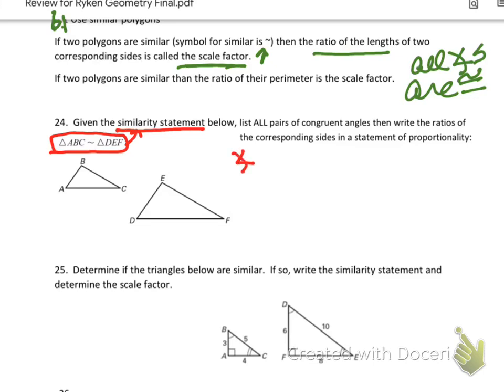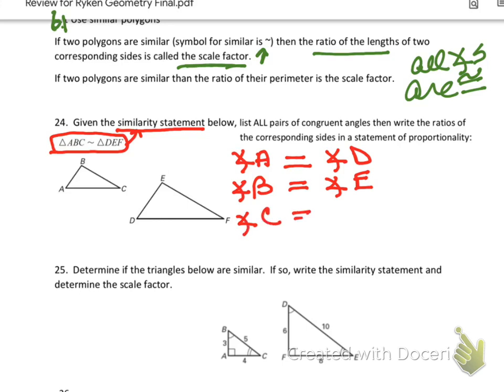So angle A, which is the first listed in the similarity statement, is not similar to, but exactly equal to angle D. Then angle B is exactly equal to angle E, the second letter in the similarity statement for the second triangle. And angle C is exactly equal to angle F.